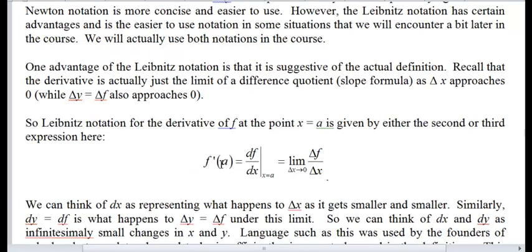And so f prime of a, being df over dx evaluated at x equals a, is the limit as delta x approaches 0 of delta f over delta x, if we want to simplify that. One way you can think of it is the df as being an infinitely small change in f. So the df is what happens to the delta f when you take the limit, and the dx is an infinitely small change in x. It's what the delta x does as you take the limit.